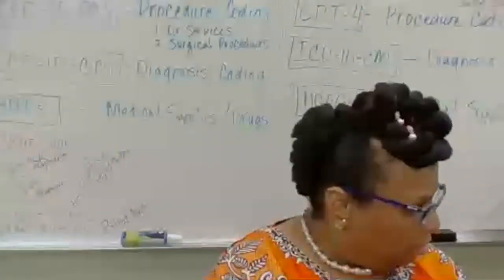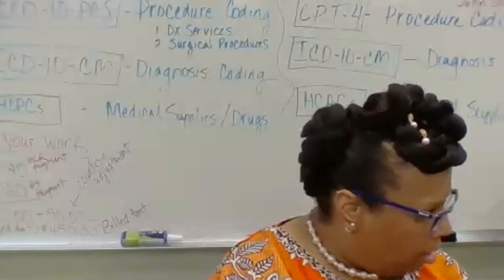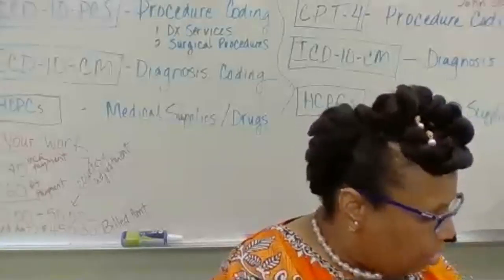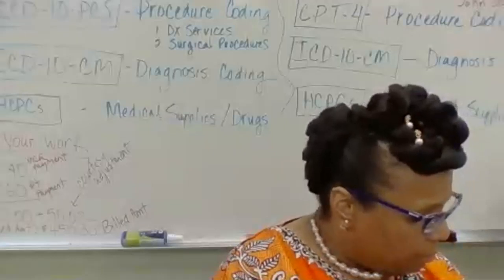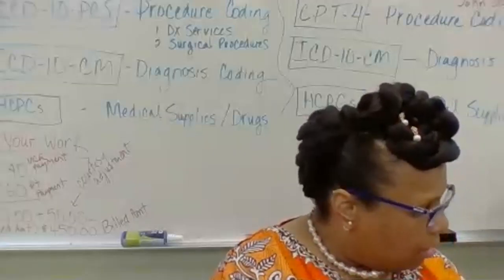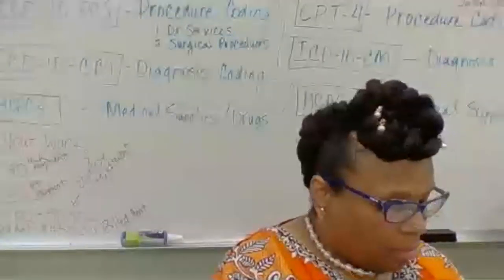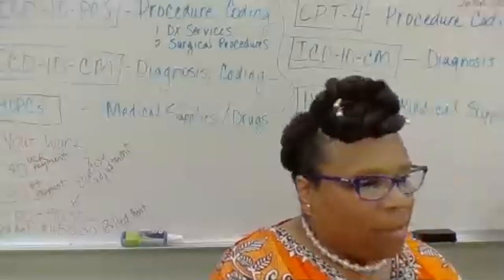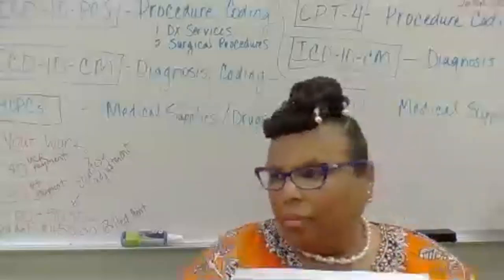Does everybody see that? Okay, the Medicare allowed amount is $3,770. Does everybody understand that? Again, where did the allowed amount come from?